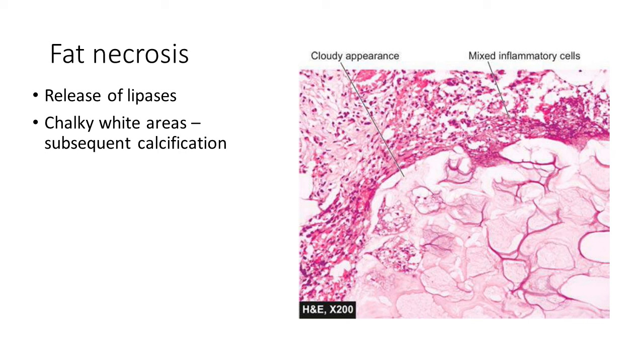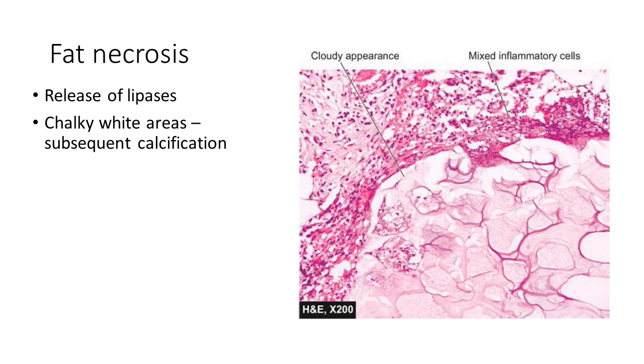Coming to fat necrosis, this occurs in fat-rich anatomic locations like the breast, or in the case of acute pancreatitis. Here, the feature is a release of lipases.